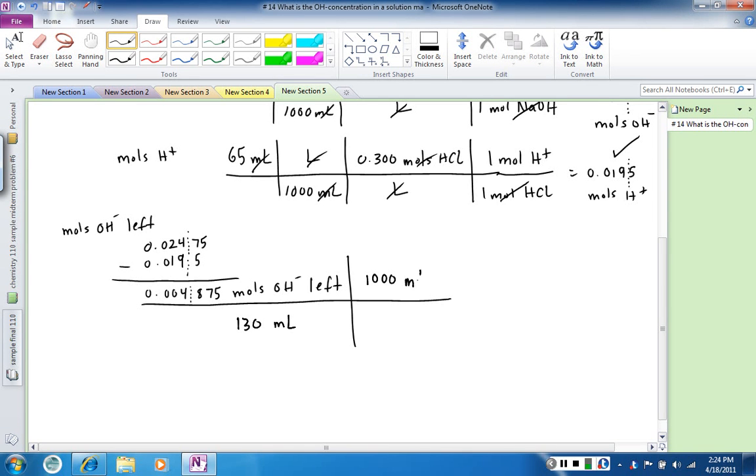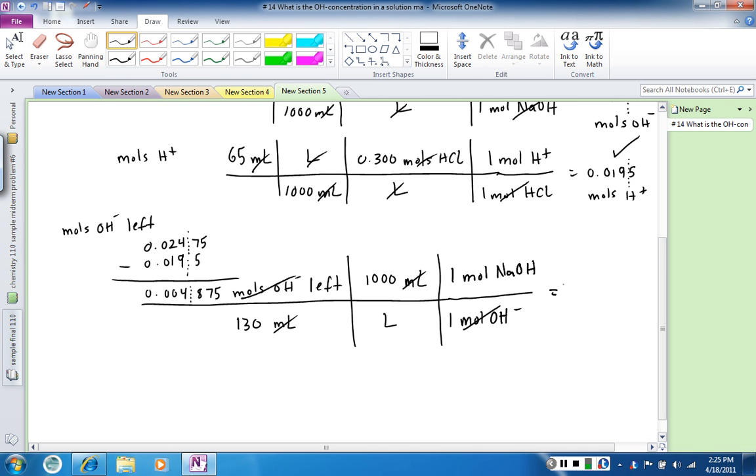It should be automatic now. You get it out of milliliters into liters, and it wants concentration of NaOH, and that is a 1-to-1 ratio. 1 mole of OH minus for 1 mole of NaOH. So now we have moles of NaOH per liter, which is our concentration.